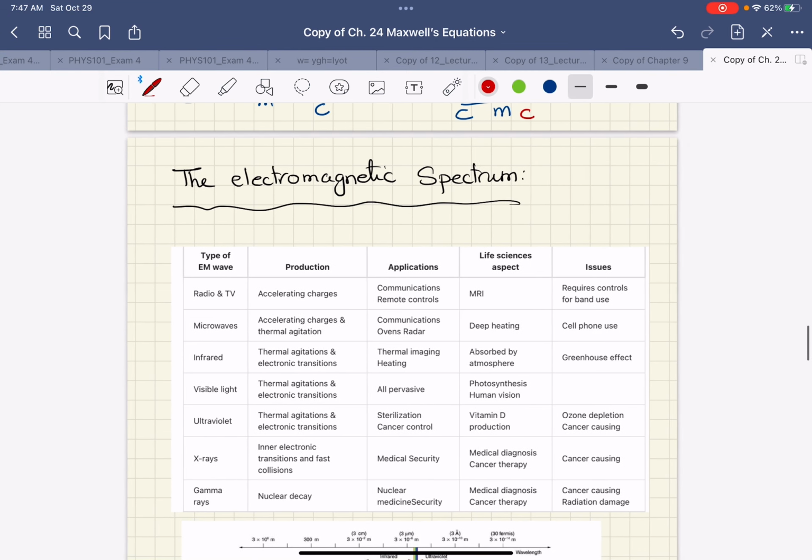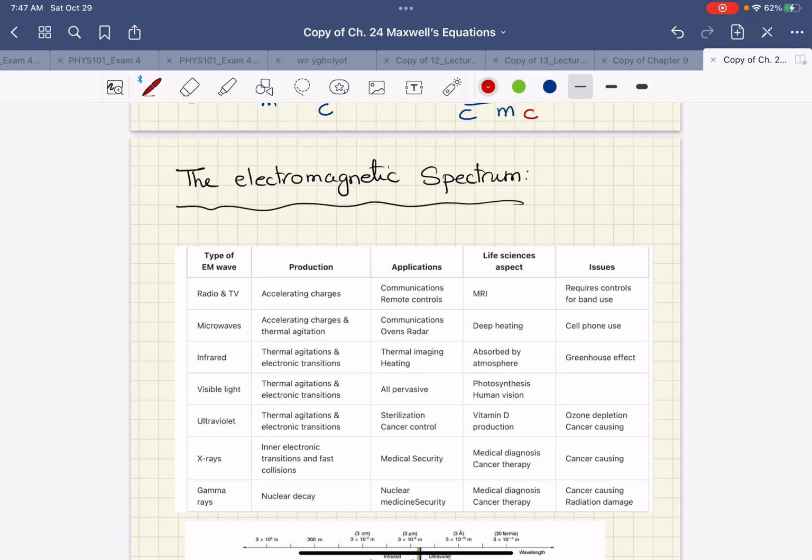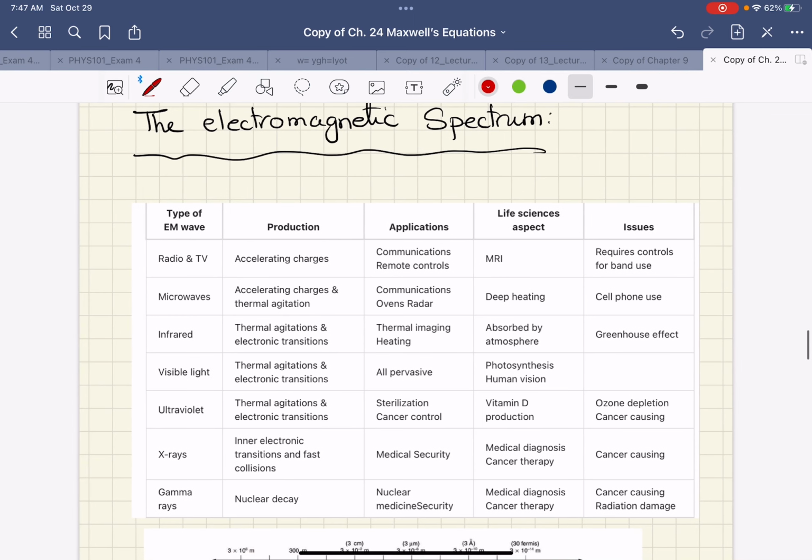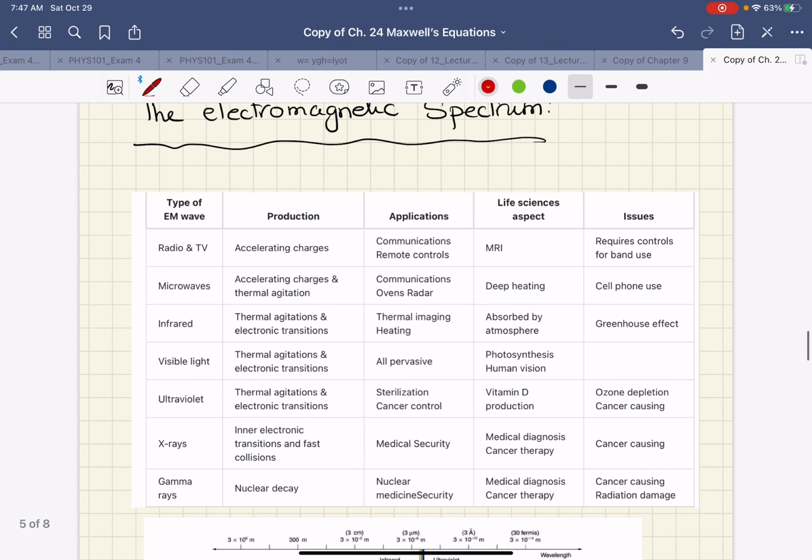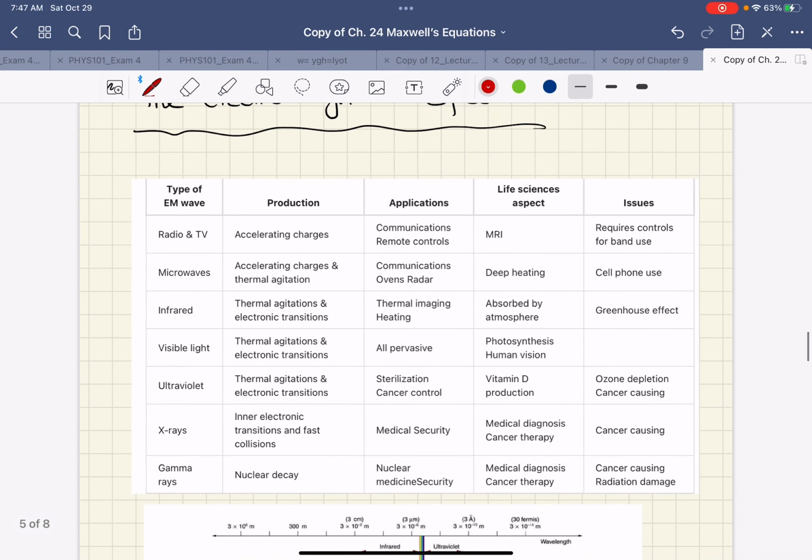Now we also have the electromagnetic spectrum, which is a whole spectrum. It is not only the visible light. We have radio and TV, microwaves, infrared, visible light, ultraviolet, X-ray, and gamma ray. Here we are explaining how they are produced, their applications, where we can use them, and the issues.